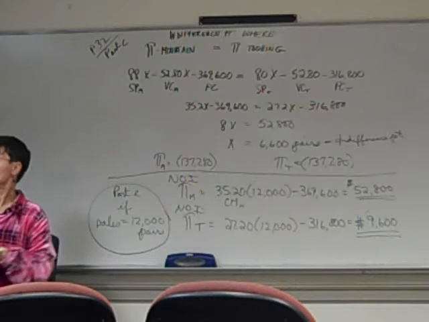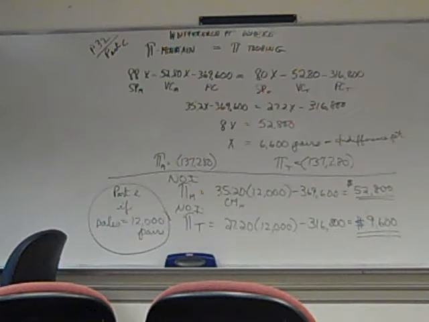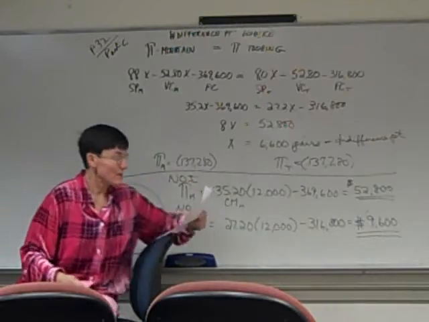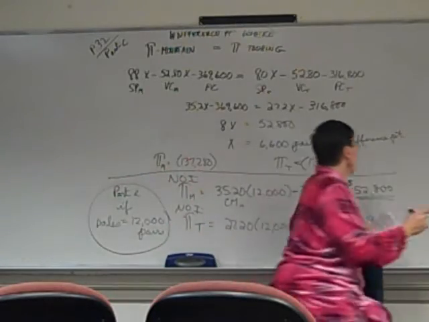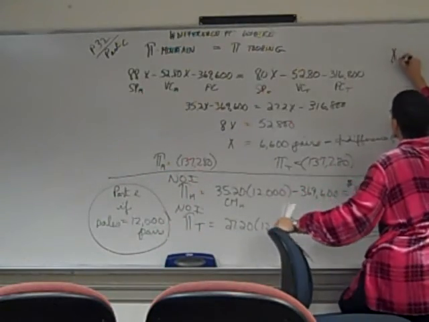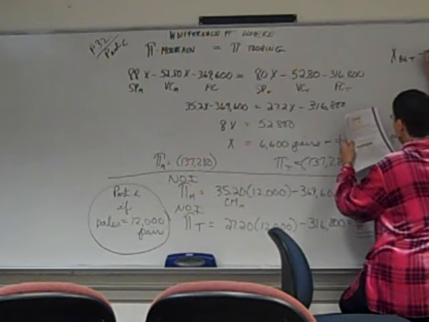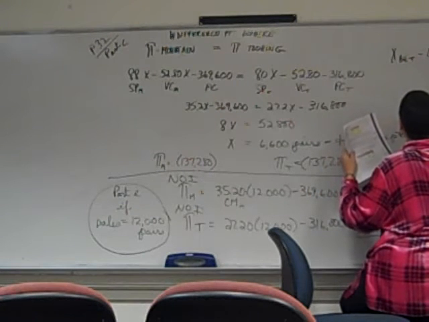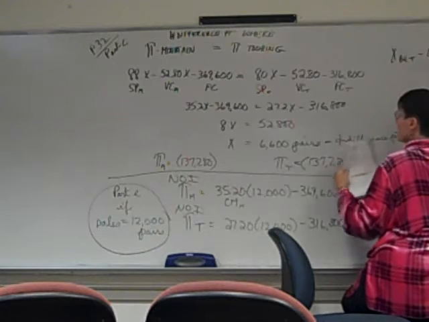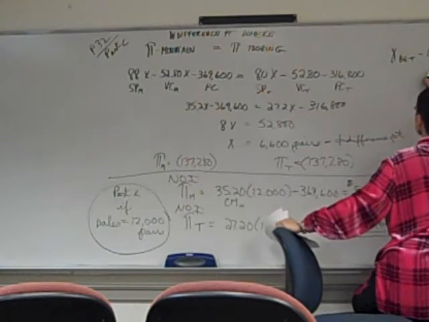What did we say our break-even point was in the beginning? I have to find my numbers again. We said that for touring, the X to break even was 13,118 pairs. So if we're only selling 6,600, we're not breaking even.